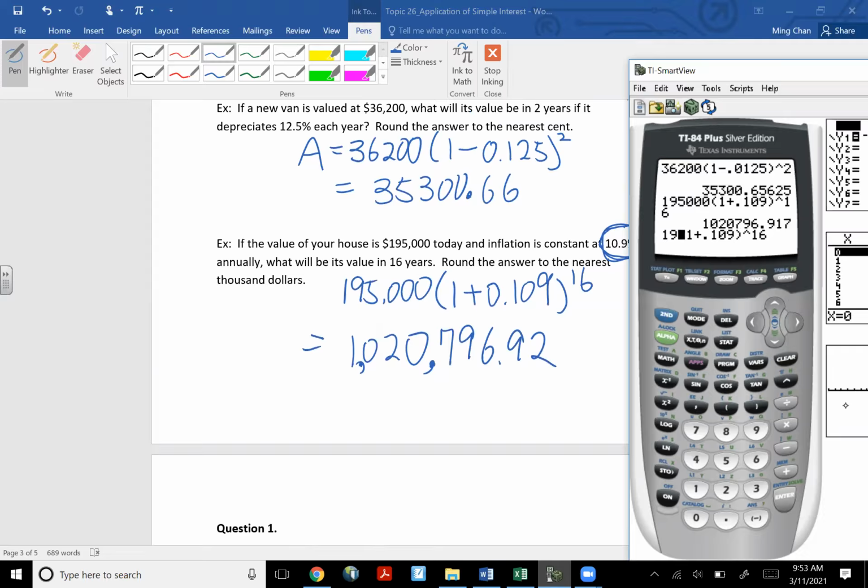Movie ticket, $19. 16 years later, at a 10% inflation rate, that $19 ticket becomes $99. Who's going to pay $99 for a movie ticket? You know what I'm saying? That's the reason why competition, with all the different kinds of movie theaters out there, keeps that price in check. It's not going to jump up on us all of a sudden.